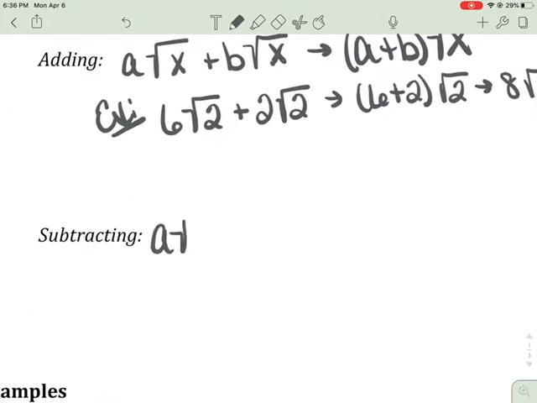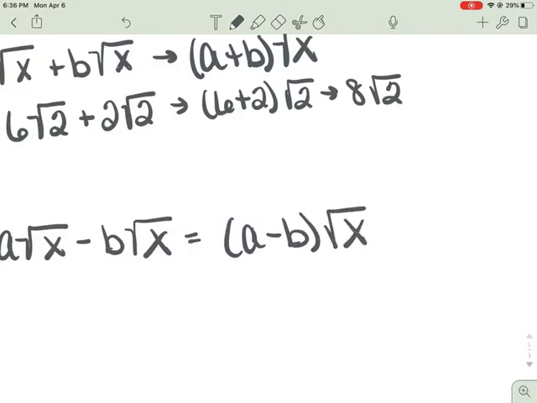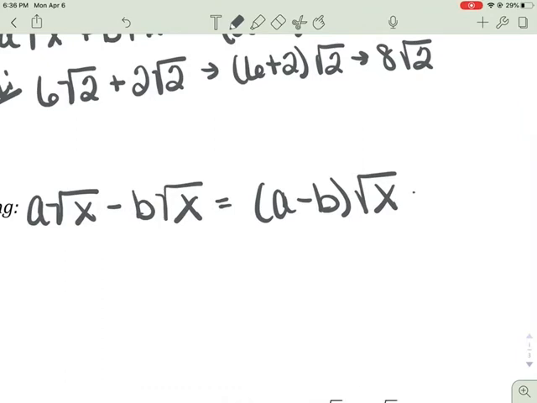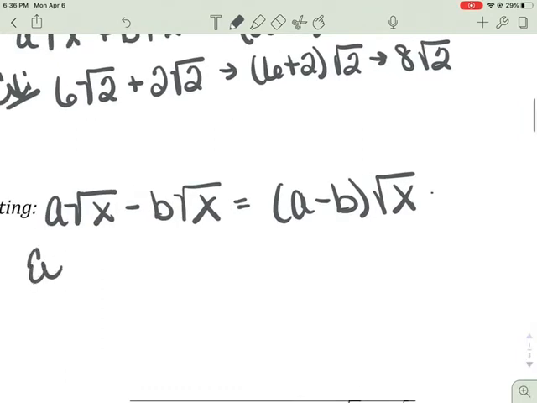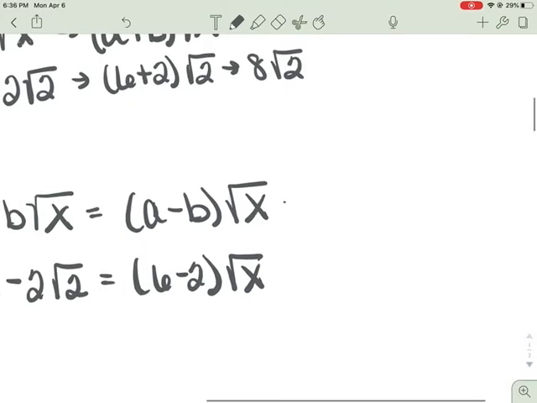So if I keep that same notation, a square roots of x minus b square roots of x, we're going to get a minus b square roots of x, subtracting the coefficients in front. So with the same example, 6 square roots of 2 minus 2 square roots of 2, 6 minus 2 goes together. We keep the square root of 2, and we get 4 square roots of 2.